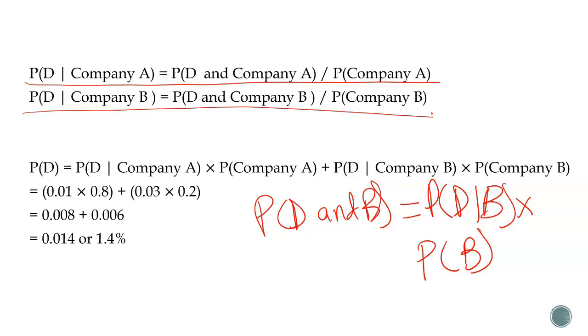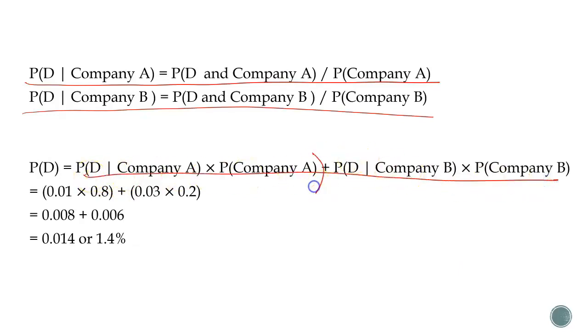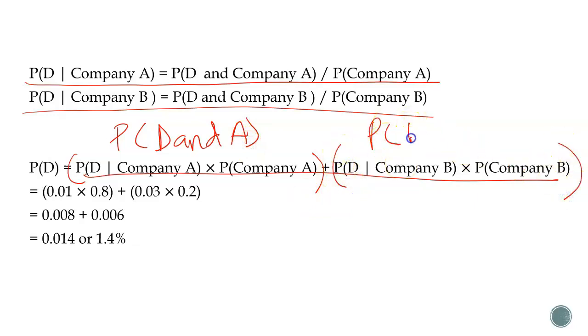So in summary, we will just replace them here. This part is representing my P of D and A, and this part is representing probability of D and B. We just insert the values for each of the expressions we have here.